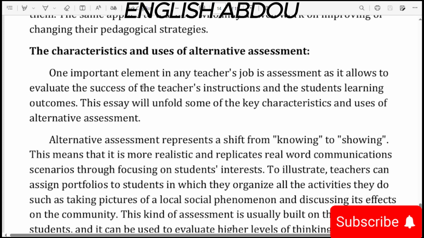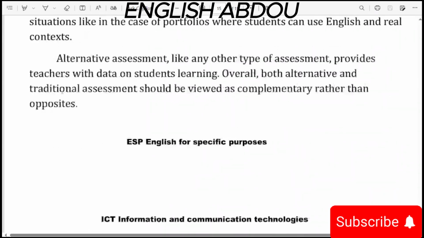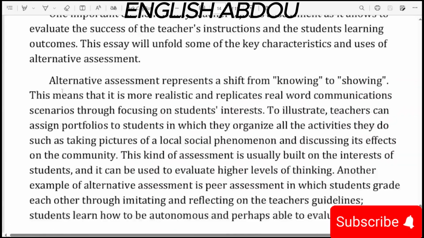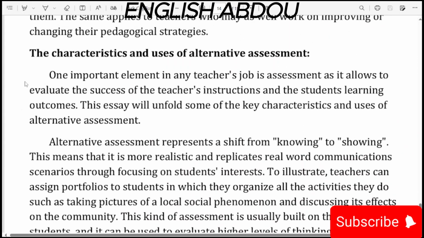and a teacher, Salah, who wrote this, you can take it as an example. This is how you can see the characteristics and uses of alternative assessments. This is, as you can see, an essay about the characteristics and uses of alternative assessment.